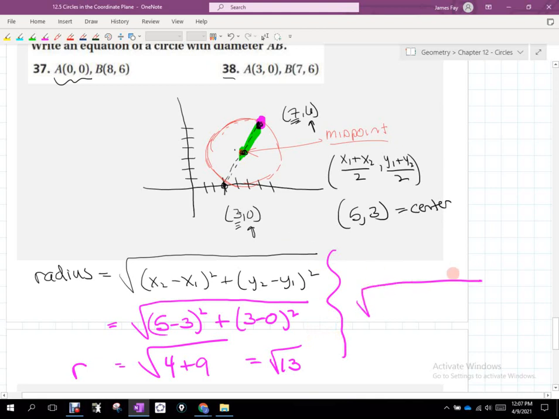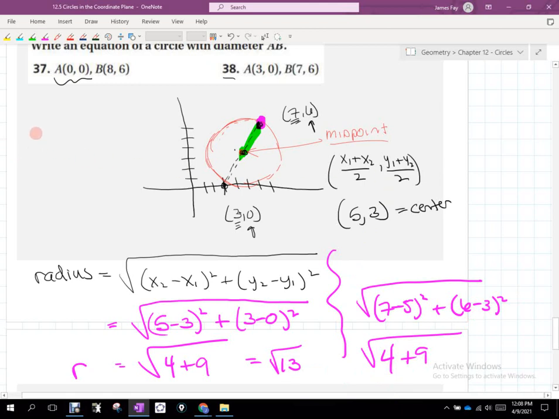Just quickly, so that you guys can see that it doesn't really matter, if I would have gone from 5, 3 to 7, 6, I go 7 minus 5, subtract the x's, and then 6 minus 3, subtract the y's. Well, 7 minus 5 is 2. 2 squared is 4. 6 minus 3 is 3. 3 squared is 9. Still radical 13, right?